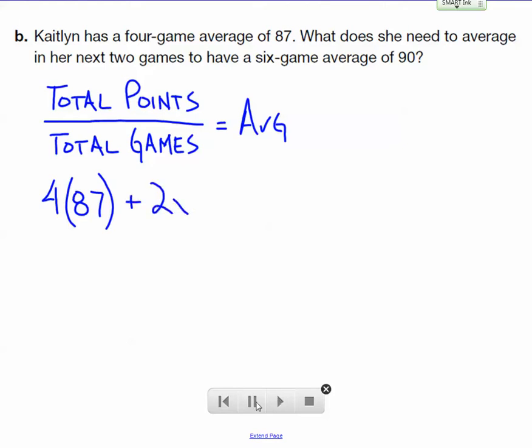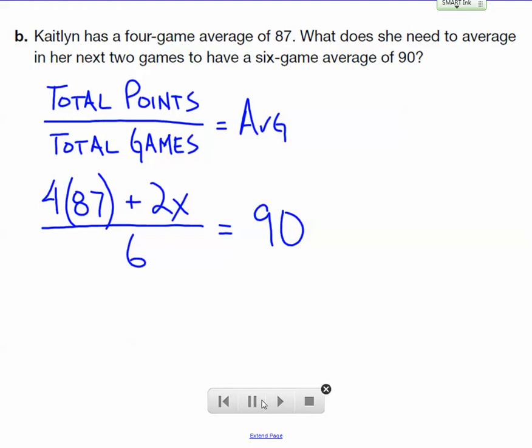Okay, likewise, over the remaining 2 games she has to score an unknown number of points per game, and that's what we're trying to figure out, to get her average up to 90. So over the 6 games, she wants to average 90.